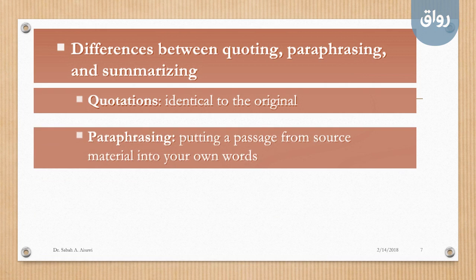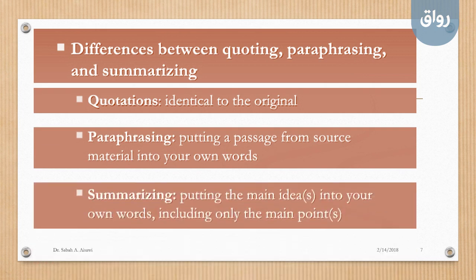Paraphrasing means putting a passage from source material into your own words, while summarizing means putting all the main ideas into your own words, including only the main points. So go back to the examples, please, in lecture 1 to see in detail the differences, because sometimes students confuse paraphrasing with summarizing.